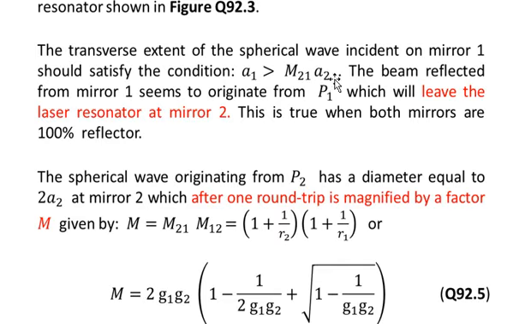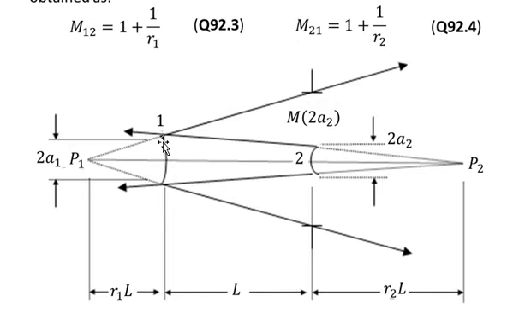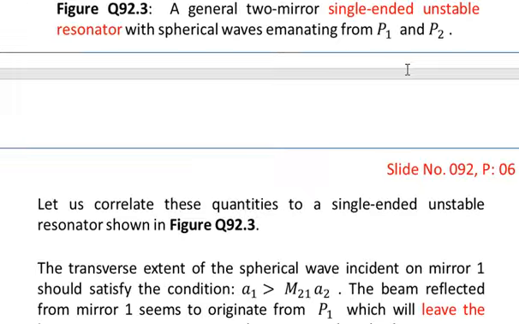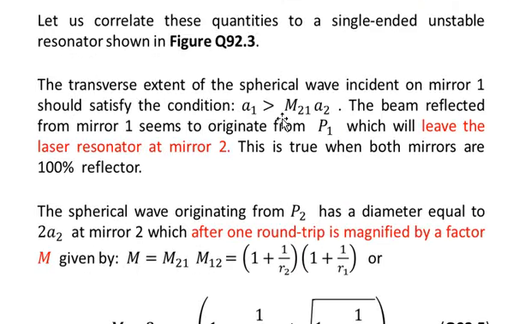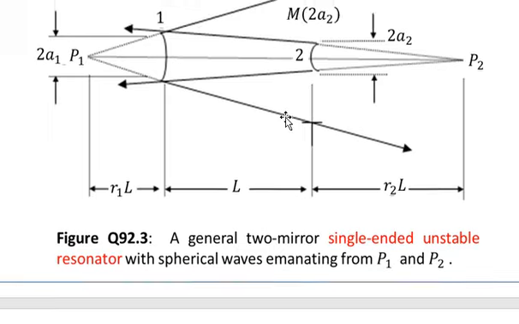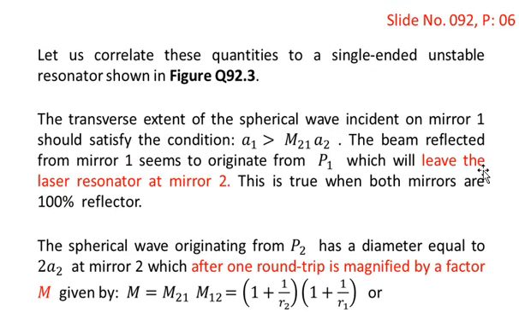In other words, the transverse radius of mirror 1, A1, should be greater than M21 times A2, so that all the light incident on mirror 1 is reflected, and the rays are reflected towards mirror 2, with some of the rays leaving the resonator. This condition must be satisfied for the resonator to be a single-ended resonator.